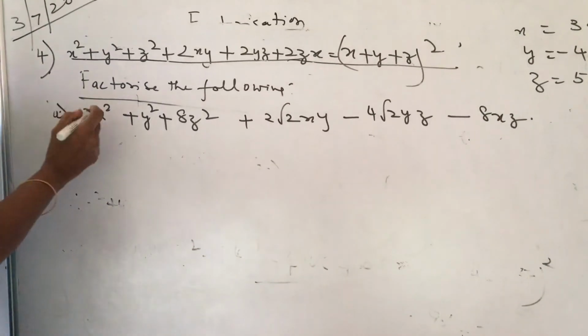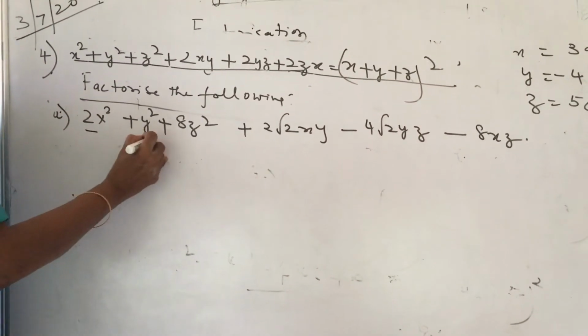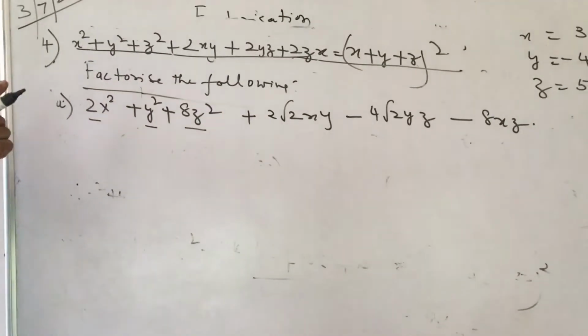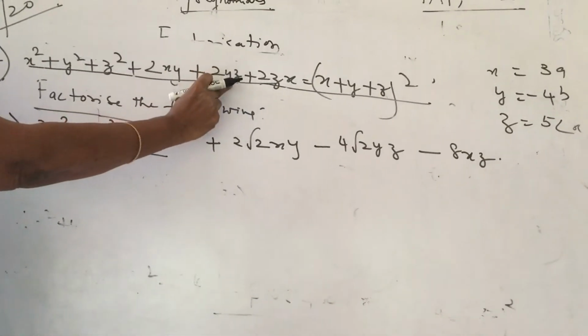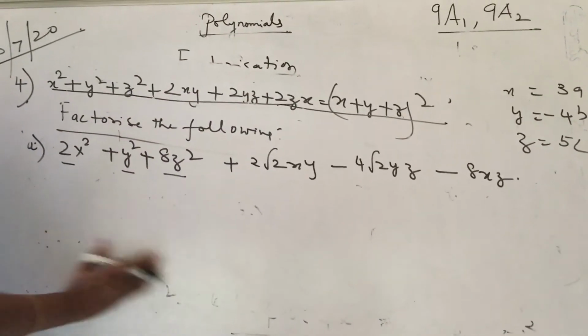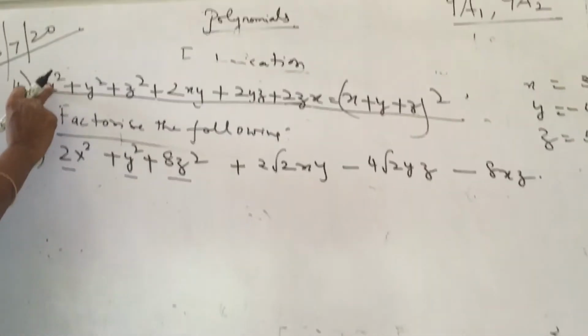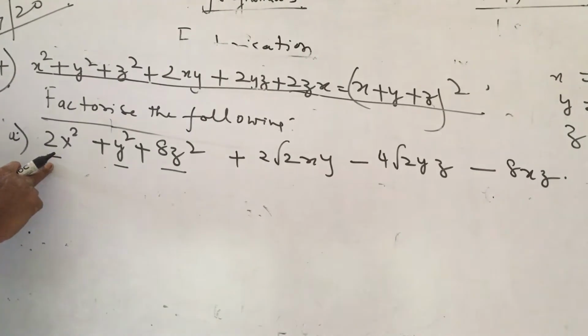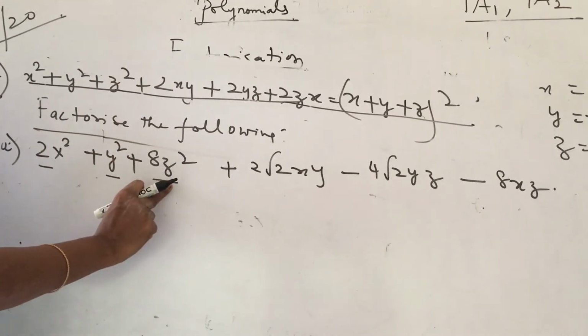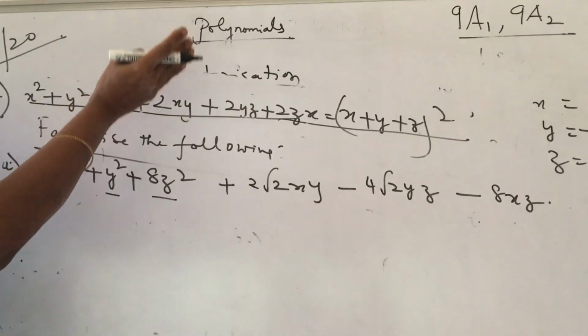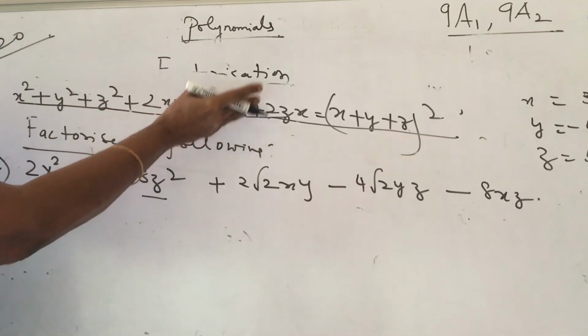Remember, children, if you write your first three terms as squares, automatically you will get 2xy, 2yz, 2zx. First term as a square, second term as a square, third term as a square, automatically you can write 2xy, 2yz, 2zx.